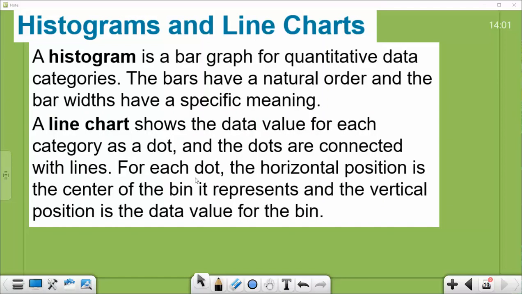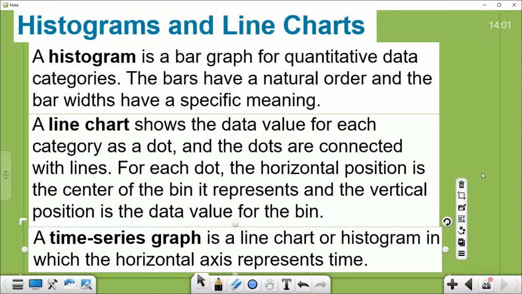For each dot, the horizontal position is the center of the bin it represents, and the vertical position is the data value for the bin. And a time series graph is a line chart or histogram in which the horizontal axis represents time.